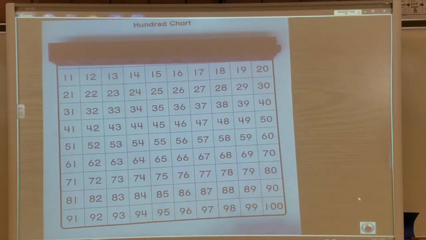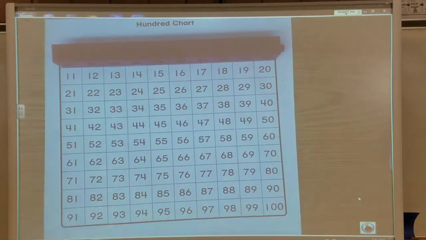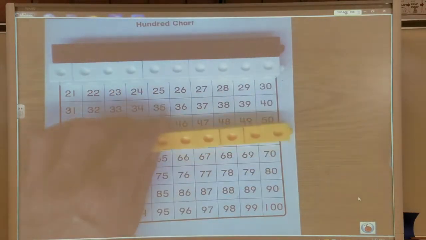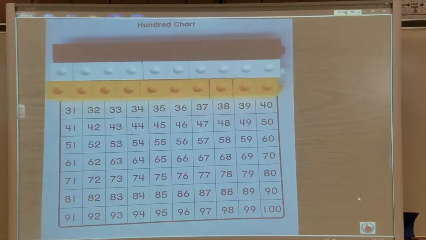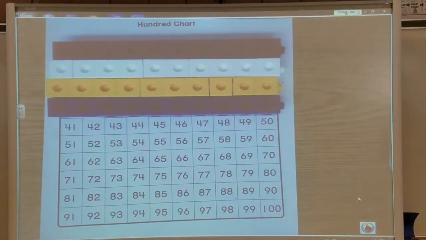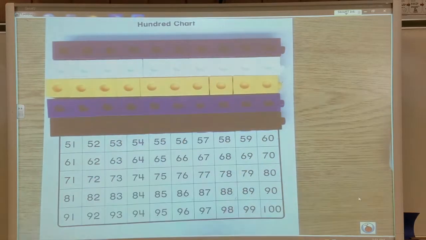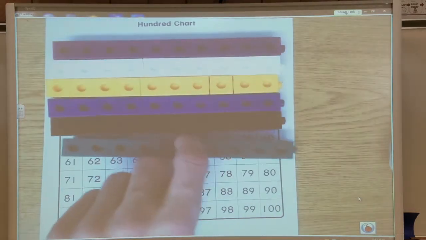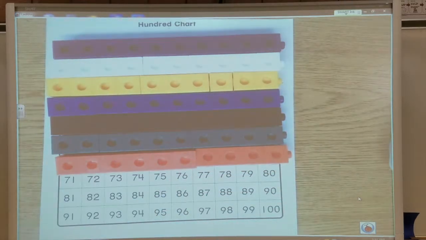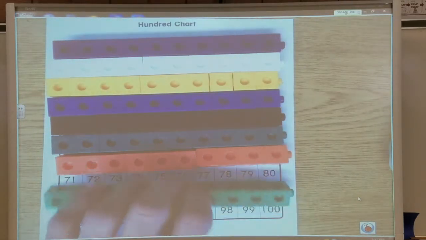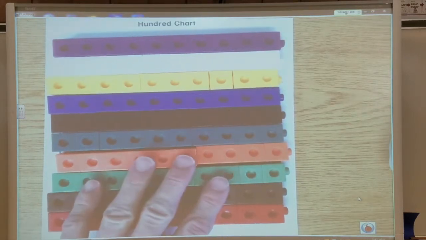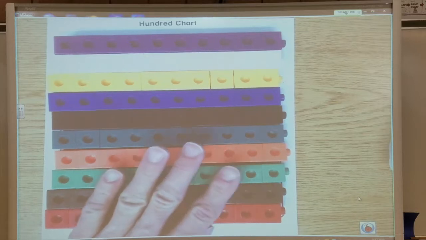But by stacking the cubes in these rows like this, 10, 20, 30, 40, 50, 60, 70, 80, 90, and 100.